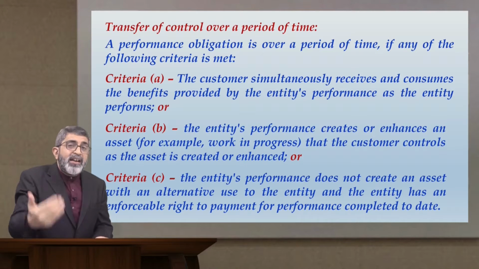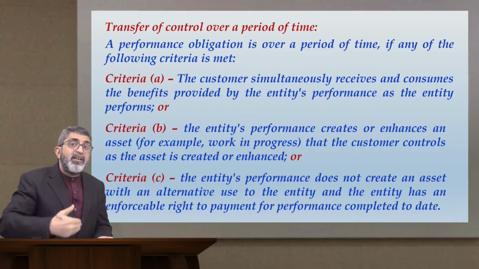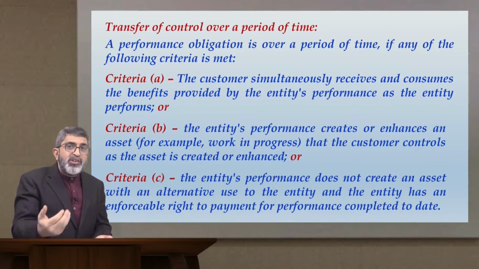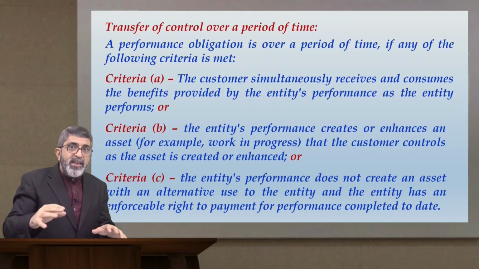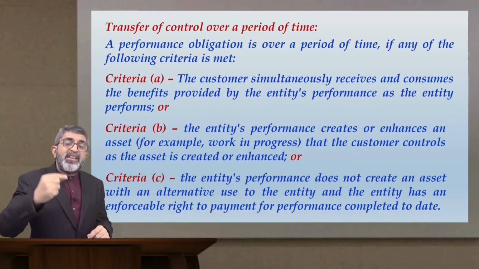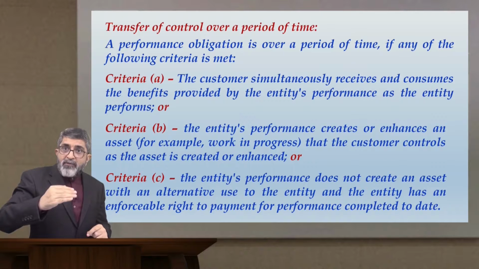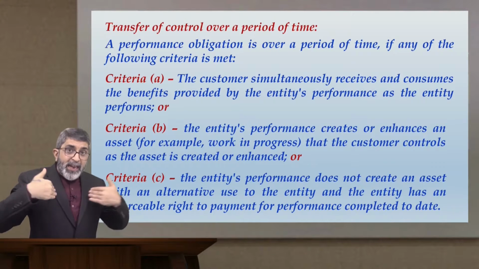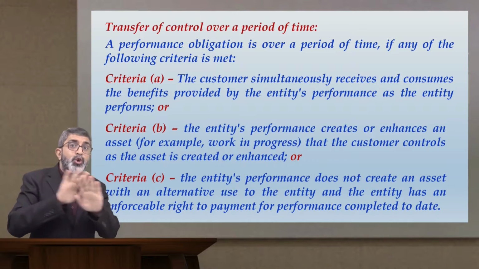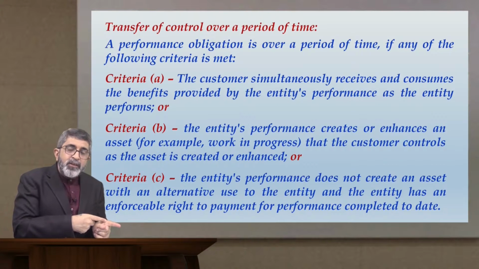In other words, in that case, you cannot constitute this to be a situation that the performance obligation is happening over a period of time. In that case, it is in no way indicating that the control is gradually getting transferred. For an entity to have a gradual control over the asset over a period of time, the entity, that is the contractor, should not have any alternate use of that construction asset.